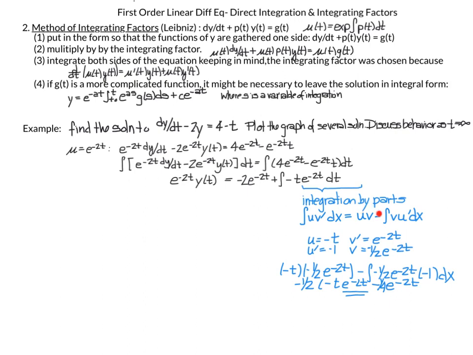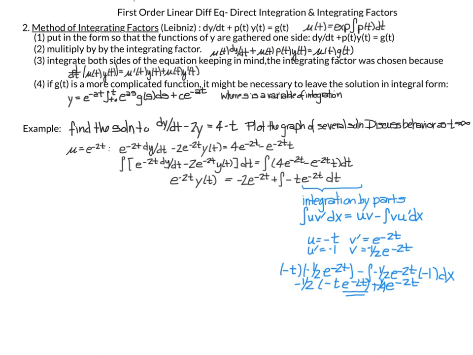Plugging into the formula, I have uv, which is minus t, that's u, and v is minus 1/2 e to the minus 2t, minus the integral of v, which is minus 1/2 e to the minus 2t, times u prime, which is minus 1. So here I'm going to get my minus 1/2 t e to the minus 2t, and then the next part, actually this should be a plus.